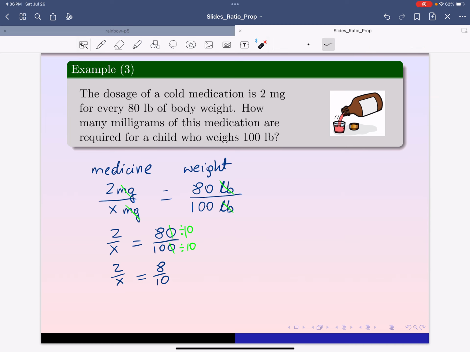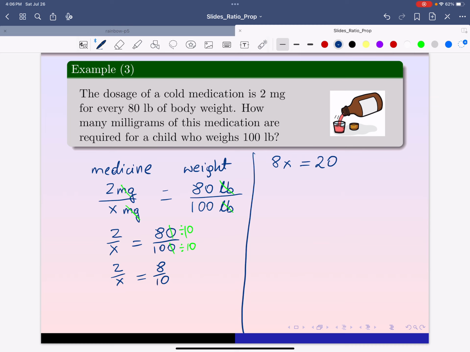Now to solve a proportion, you need to have one fraction on one side and one fraction on the other side. Then we can solve it. As before, we cross multiply. So we have 8x is equal to 2 times 10, which is 20.